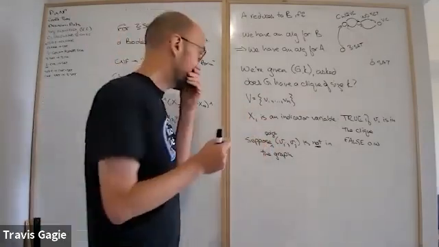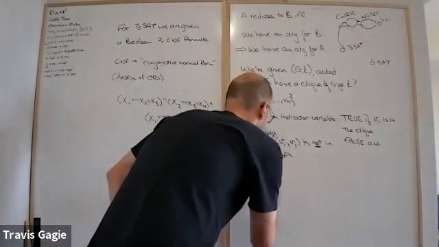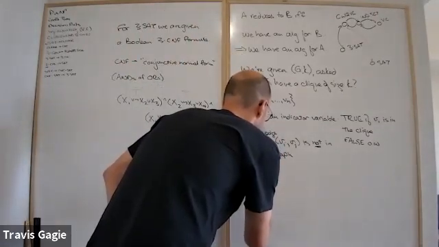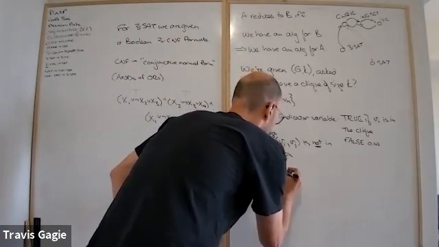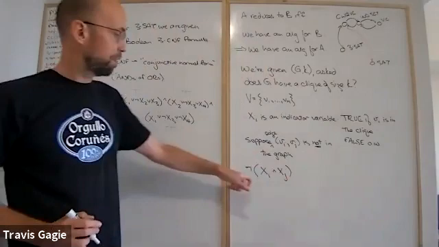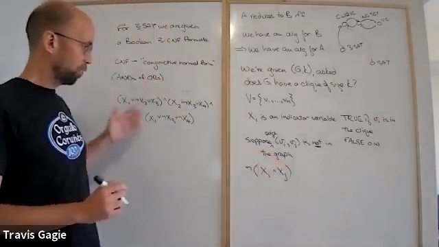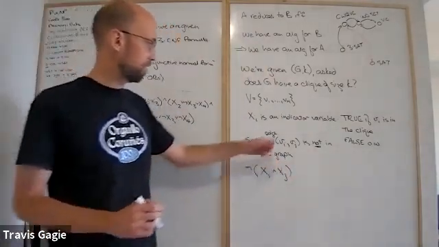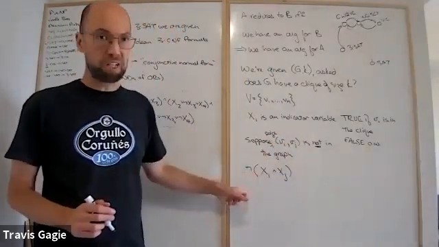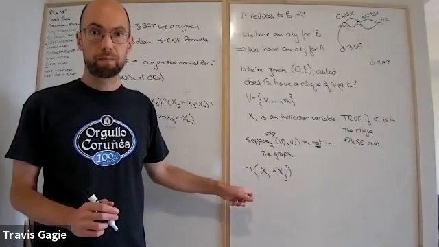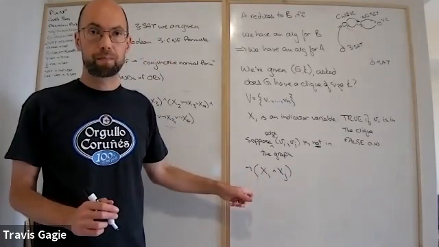So what you're going to say is not xi and xj. You're going to have in your formula something that says, if this edge isn't there, then you can't have both of these. Right?